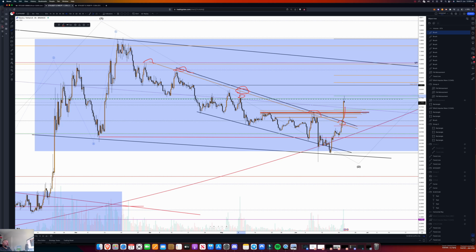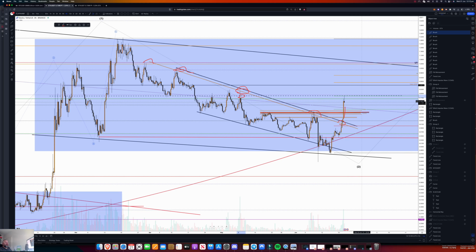Right there actually, where the wicks were. Doesn't make sense? It does. So that neckline, that's pretty much it there.